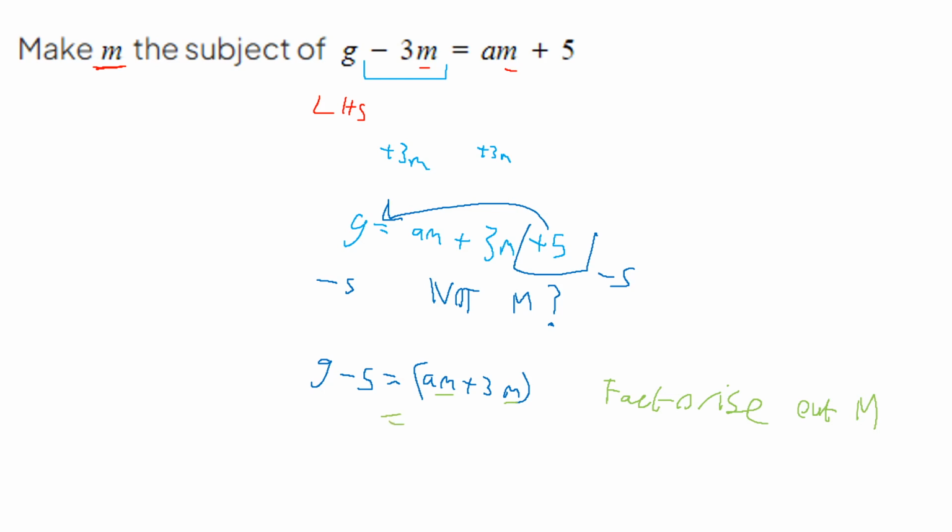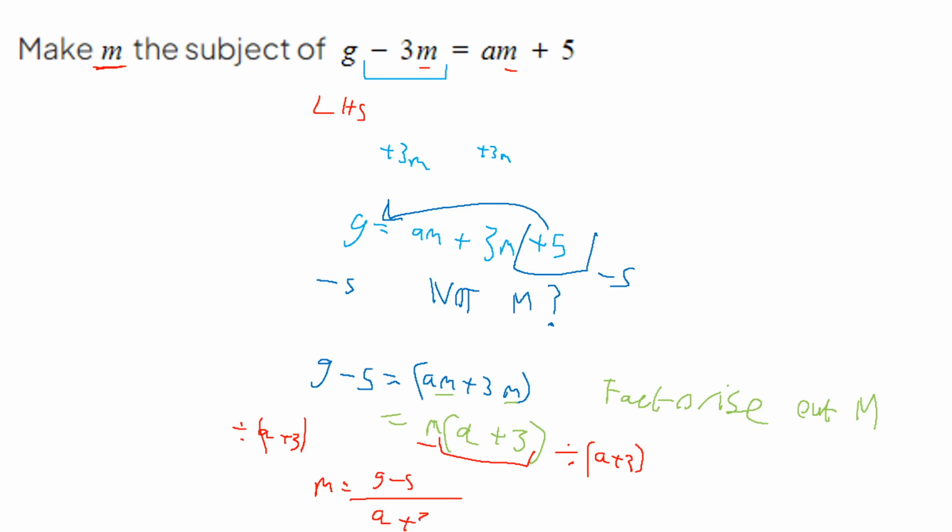So if we do that, we get m times (a plus 3). And now look, this is the same as m times (a plus 3). So now we can divide by a plus 3. And so what we're left with is m is equal to (g minus 5) divided by (a plus 3).